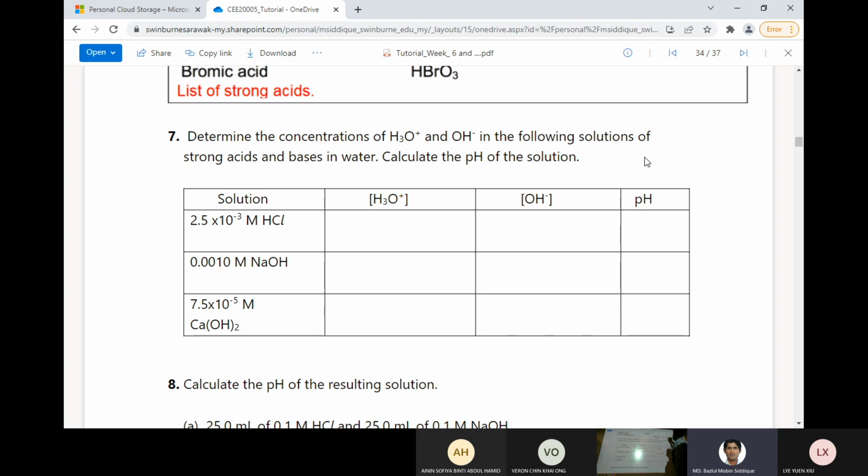So water is producing hydronium ion and hydroxyl ion. Since sodium hydroxide is a strong base, all of it is producing hydroxyl ion, we understand. Water does not dissociate that much, but still it is producing hydronium and hydroxyl ion.